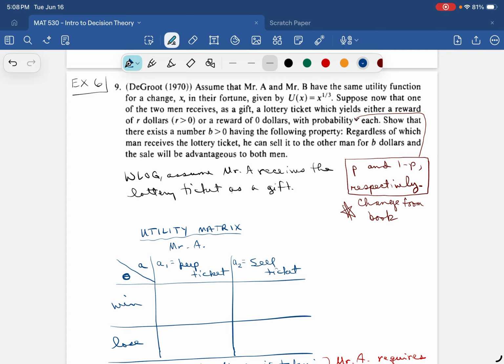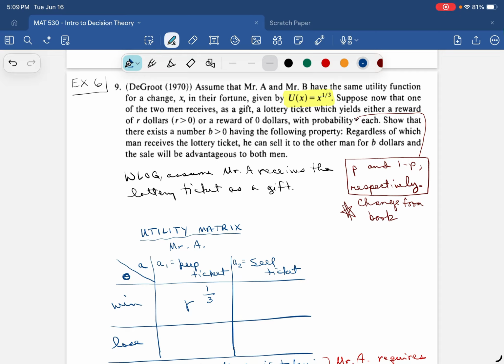If he keeps the ticket, then he's going to play the ticket, and if the ticket wins, then he will receive a reward of R dollars. And since the utility function for Mr. A and Mr. B both is x to the 1/3, then for a reward of R dollars, the utility is R to the 1/3.